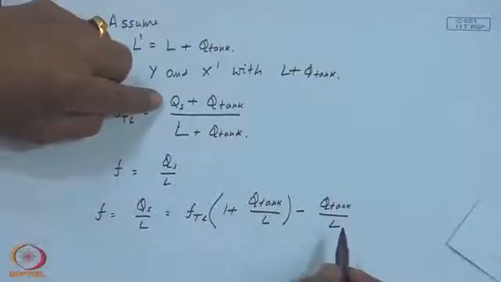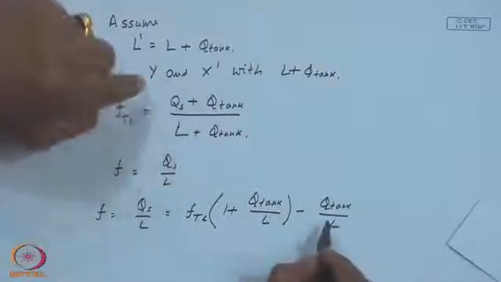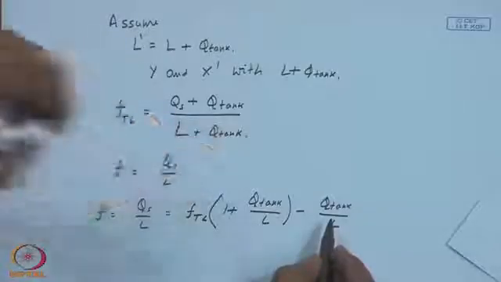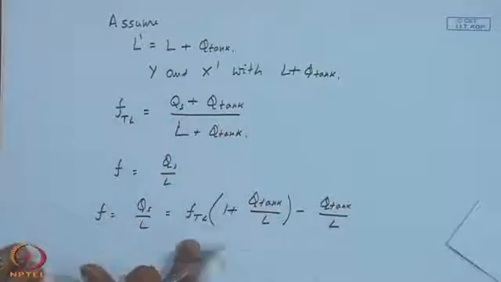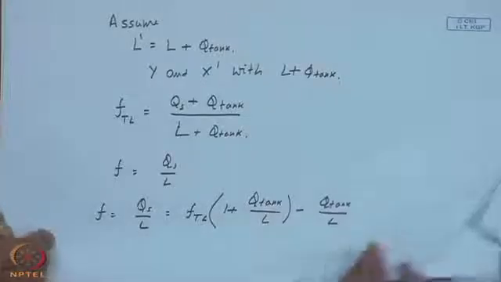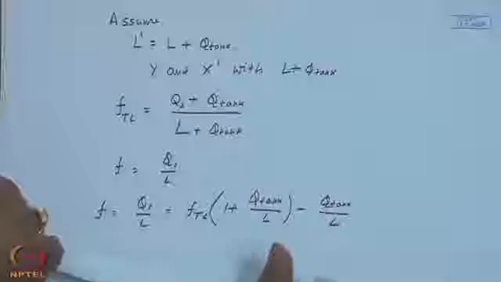Q s by L will be F, then Q tank by L will be there, and L by L is 1 plus Q tank by L. So, that goes on to F T L minus Q tank by L. So, this is nothing but you respect the tank losses, you fully meet that, then the remaining amount of energy goes to meet the load.